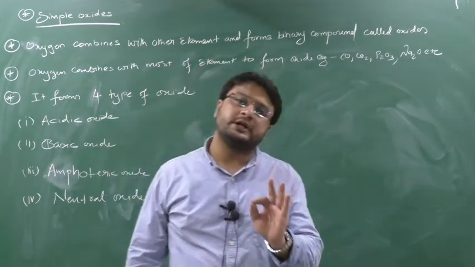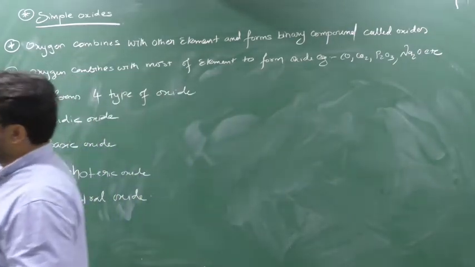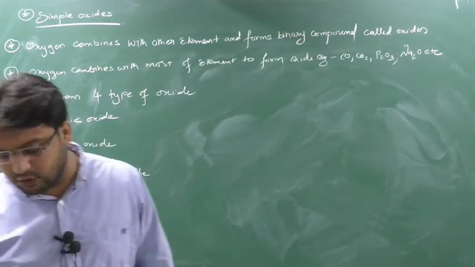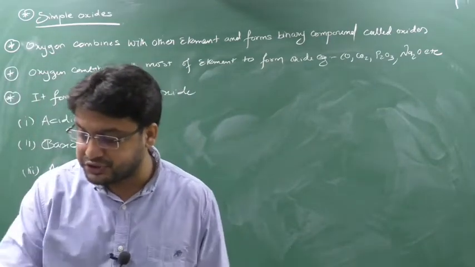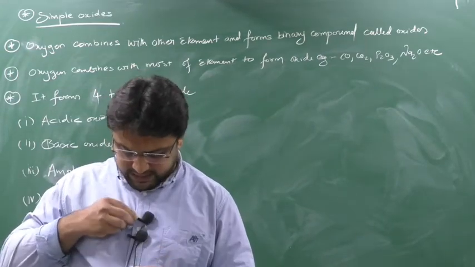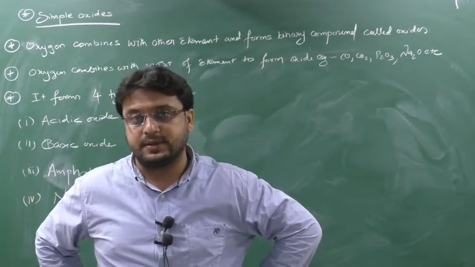This first point is very important, and you have to understand that oxygen will combine with a number of elements, whether they are metals, non-metals or metalloids, and it forms a kind of binary compound, and that binary compound we call an oxide. Clear?